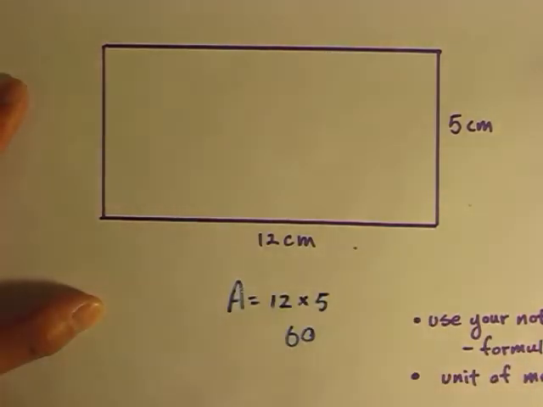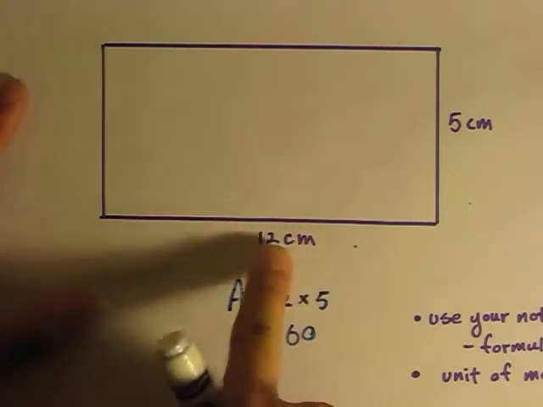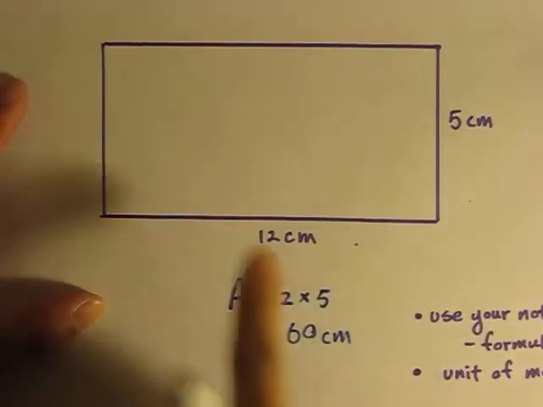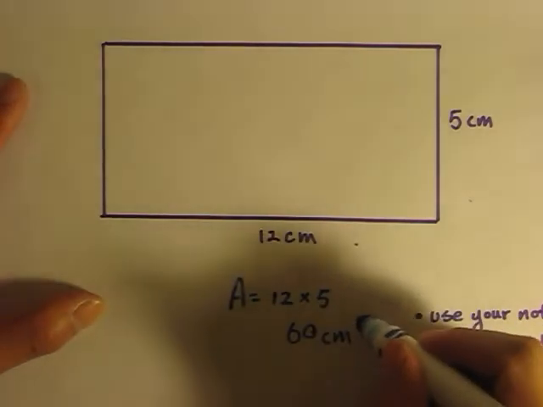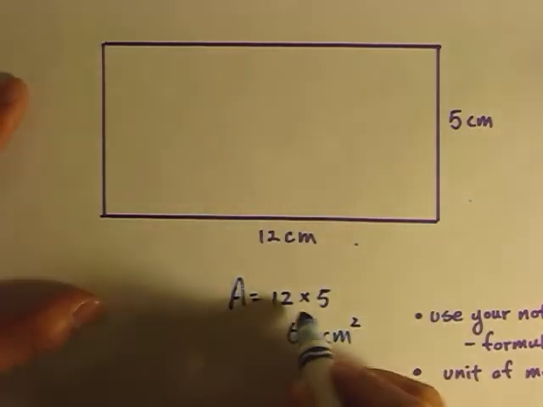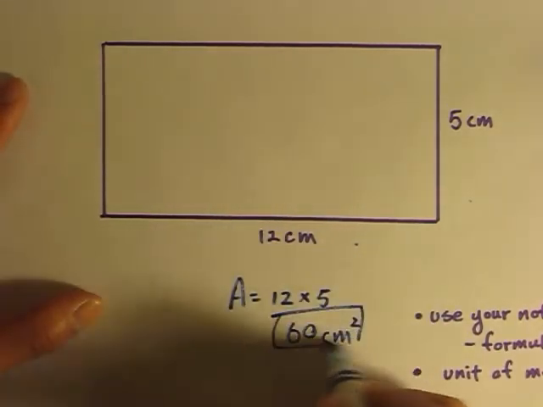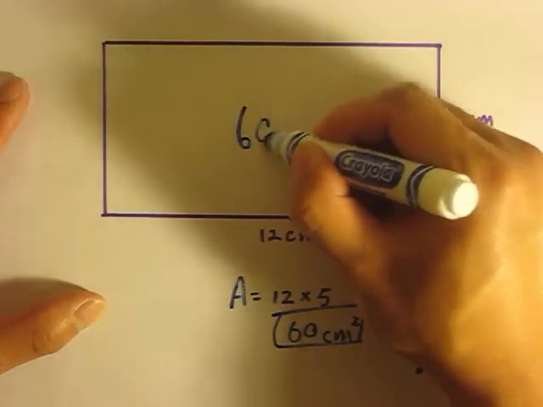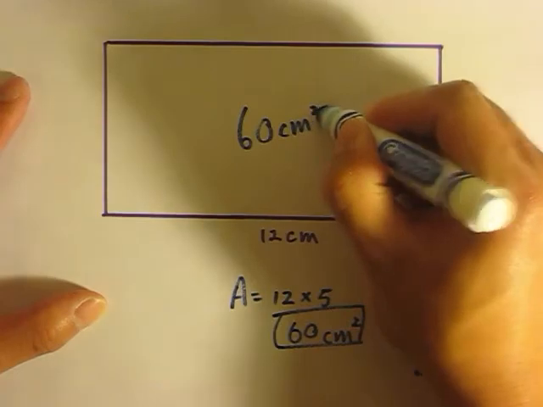So make sure you write the correct unit of measurement since we're using centimeters. This is 60 centimeters. Area, we're describing area, so this is centimeters squared. So that's my surface area. Okay, so I'm going to go ahead and write the surface area here, 60 centimeters squared.